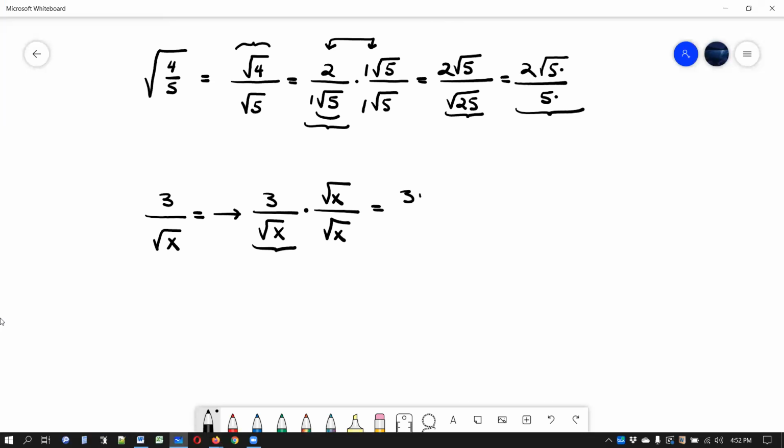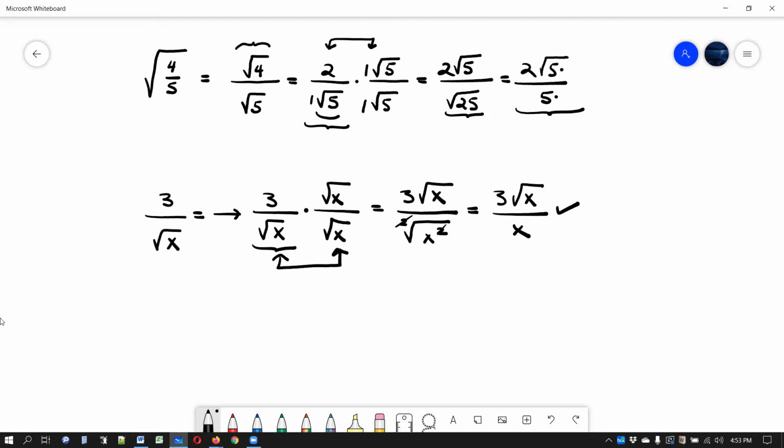So in the numerator, I have 3 radical x, as we've seen before. And in here, we have radical x squared. And we've seen it before. Since the index matches the exponent, they cancel each other out. And we are left with this, which is our final answer.